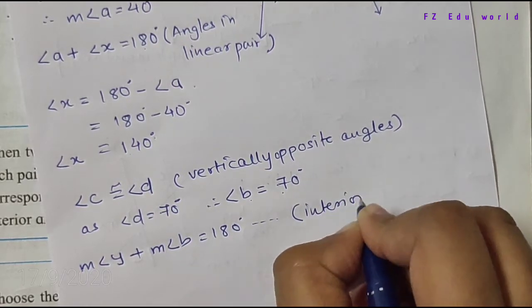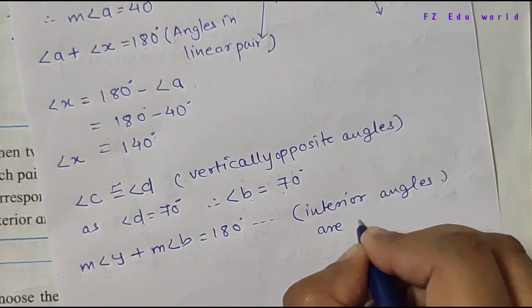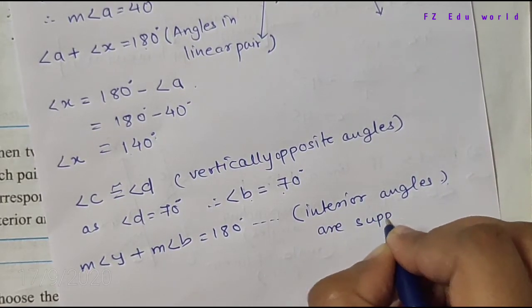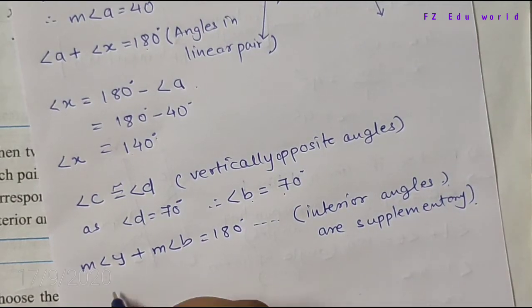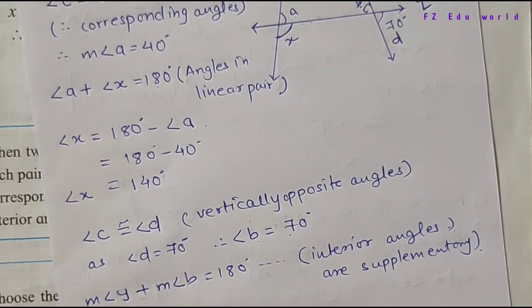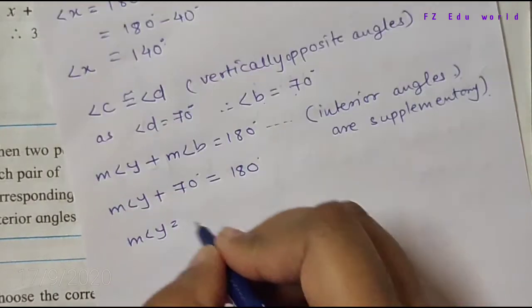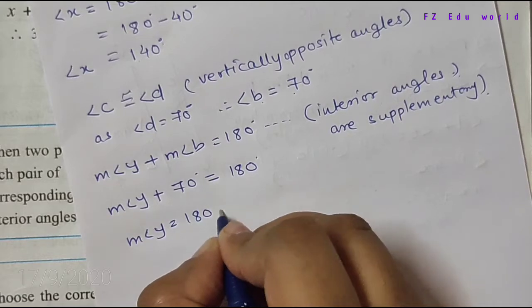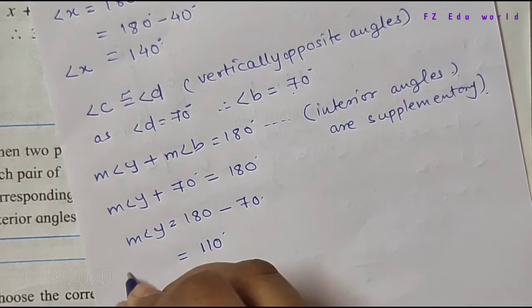Interior angles are supplementary. Now measure of angle Y plus B, which is 70 degrees, is equal to 180 degrees. Measure of angle Y is equal to 180 degrees minus 70 degrees, which is equal to 110 degrees.